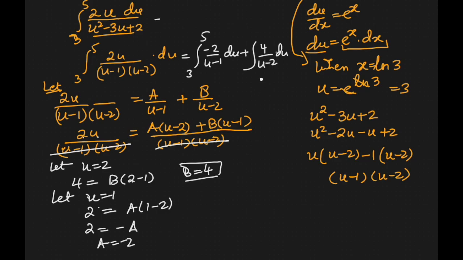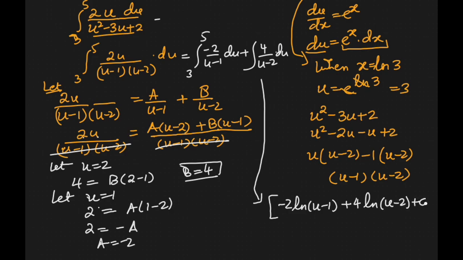Okay. And I'll continue that here. So the integration becomes minus 2 natural log of u minus 1 plus 4 natural log of u minus 2 plus c. Okay, so we have integrated.